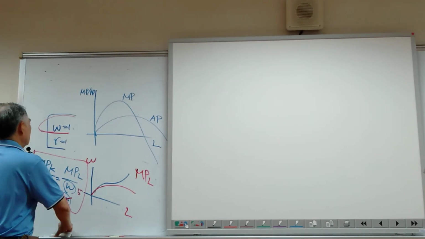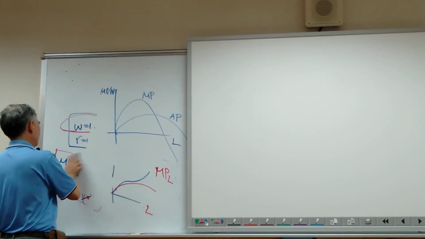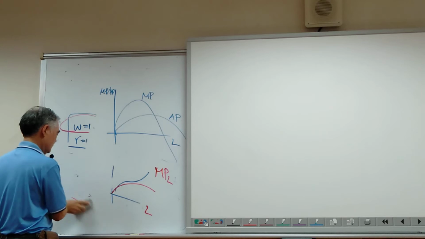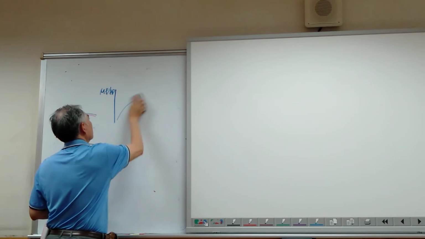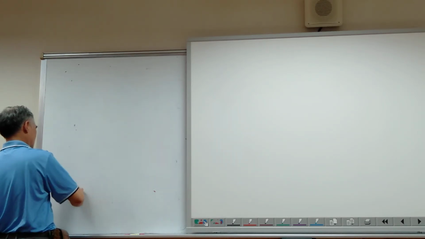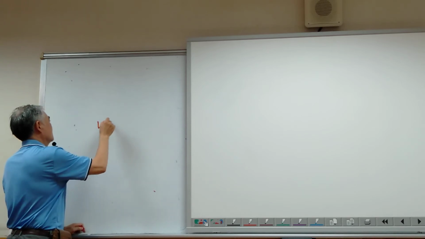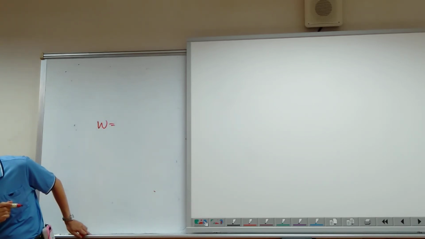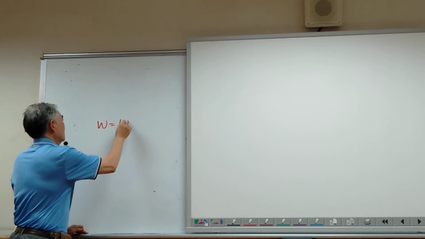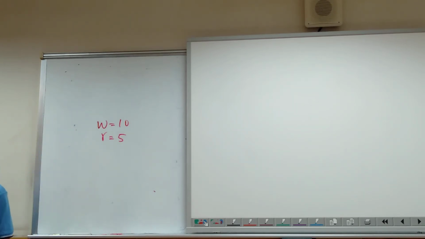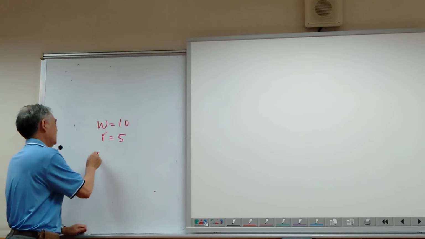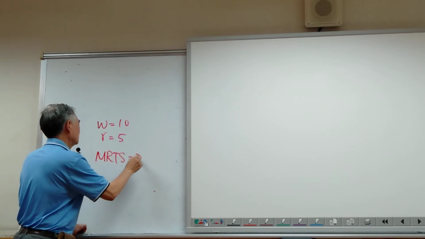So the wage rate is 10, and the rental rate of capital is equal to 5. Letters Publishing is producing at a point on the isoquant where MRTS is equal to 3.